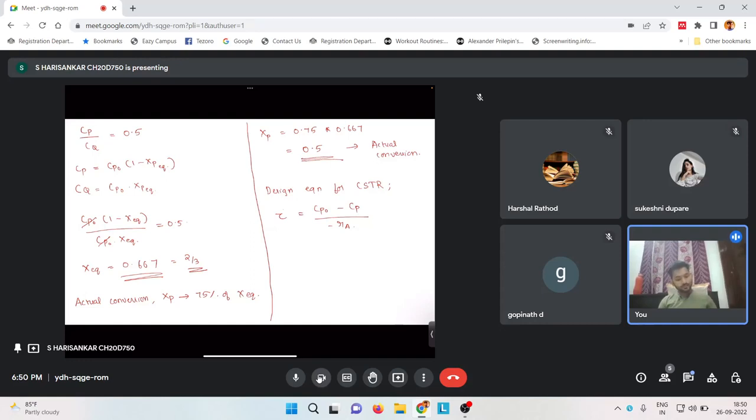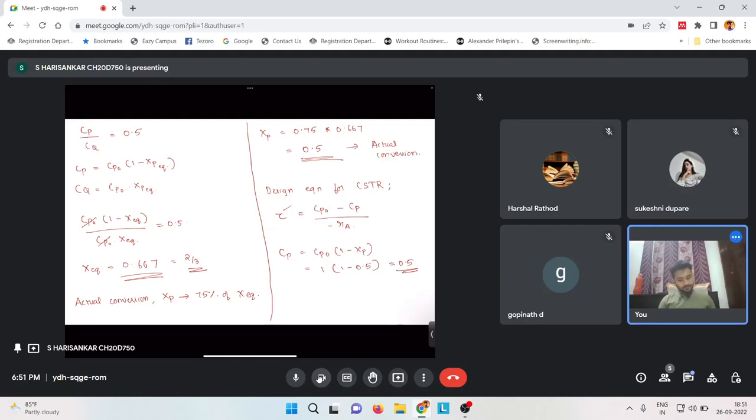We have the value for Cp0, and we can find the value for Cp, which is Cp0 into 1 minus Xp. So this is 1 into 1 minus 0.5 and that will be 0.5, because Cp0 has been given as 1. So Cp will be 0.5.